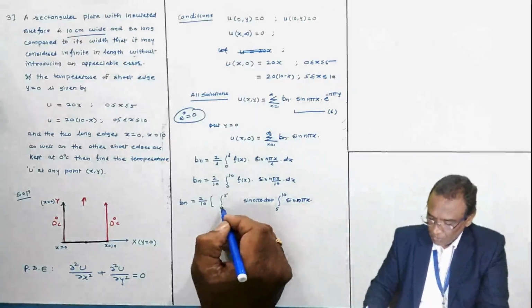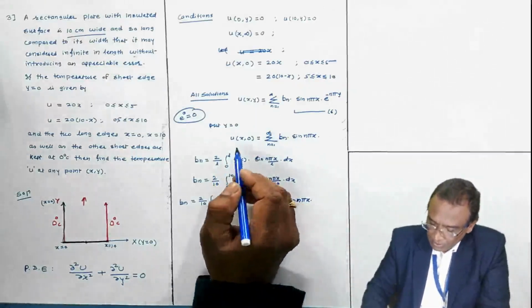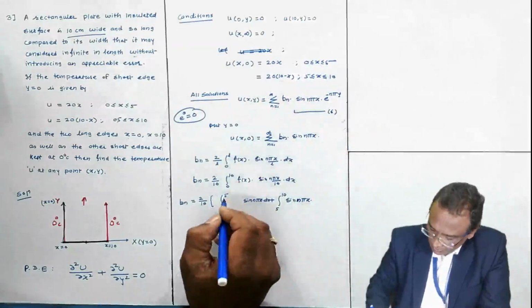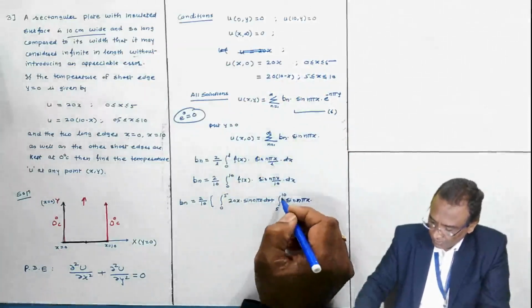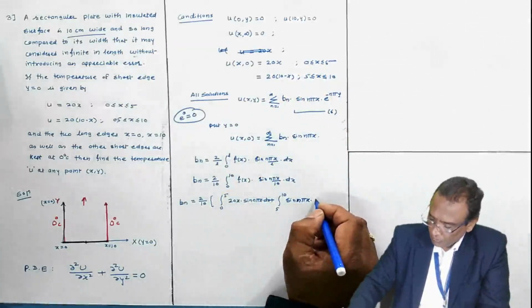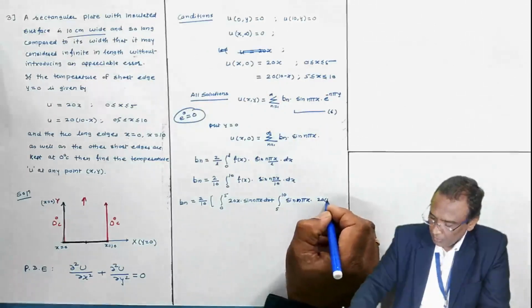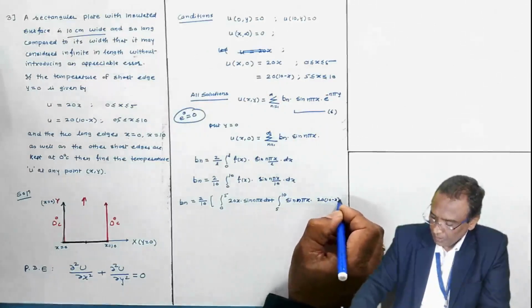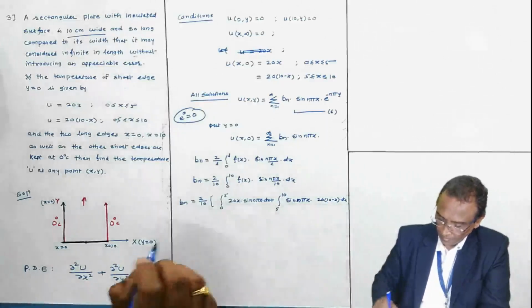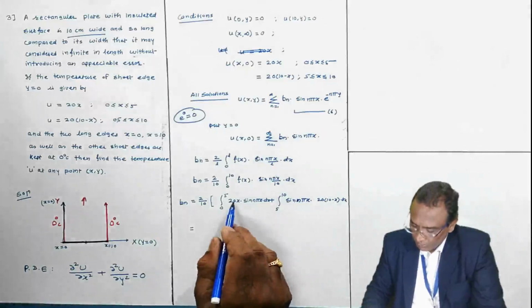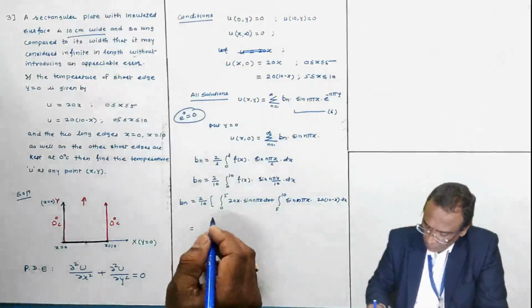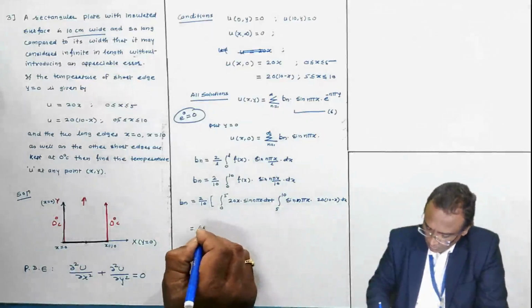For 0 to 5, the temperature is 20x. For 5 to 10, the temperature is 20 into (10 minus x) dx. Now these two integrals we have to evaluate. I am taking 20 common, because 20 into 2, 40 by 10, is 4.